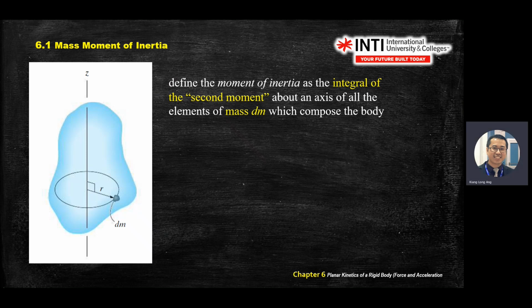Same here, when you have a body rotating, let's say this is dm. Moment equals force multiplied by d, both must be perpendicular with each other. So there must be a force in this direction, perpendicular to the radius distance.